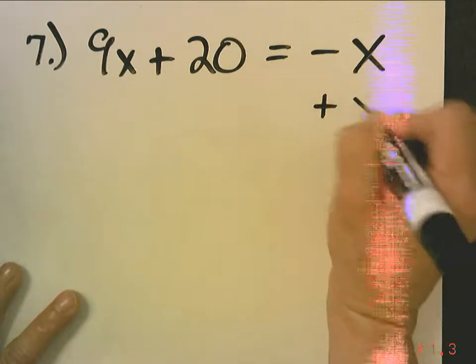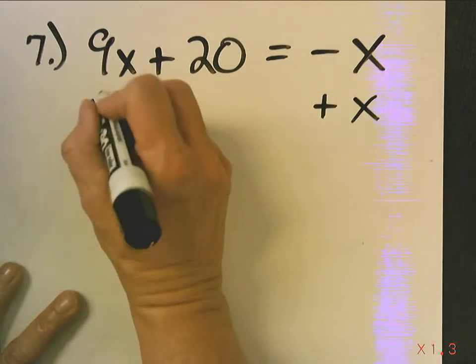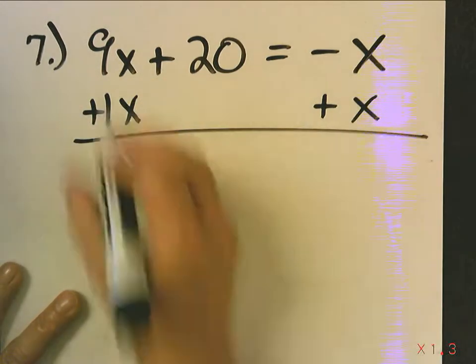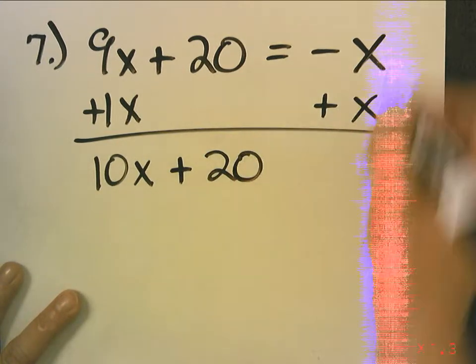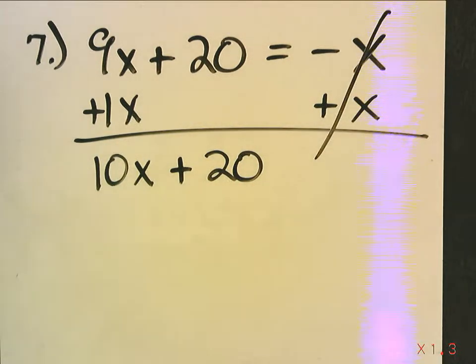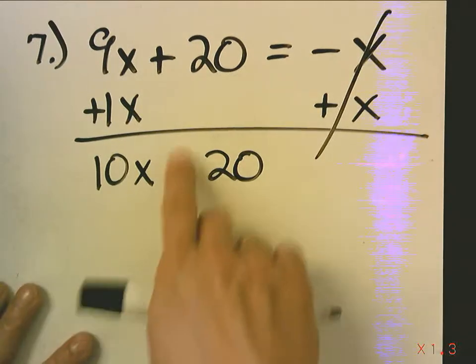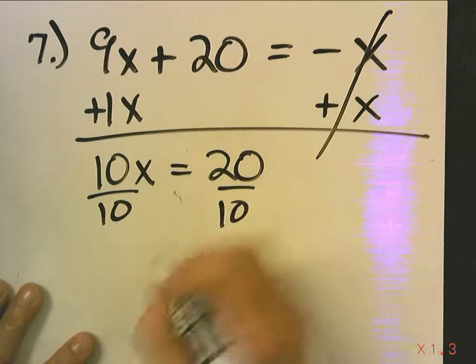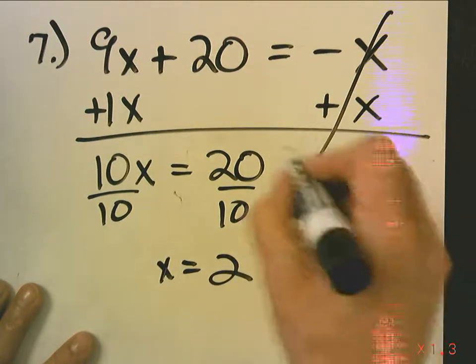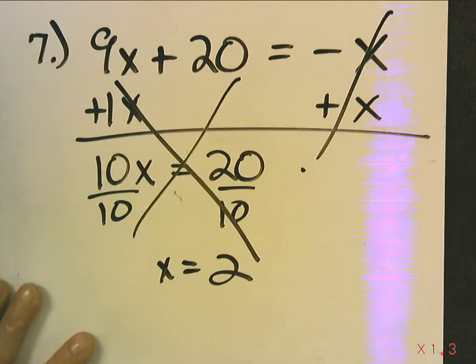I'm going to add x to both sides, which is correct. That's not a problem. But when I do it, I say 10x equals 20, and that cancels out. And then I look at this and go, oh, this must be equal. So I'm going to divide by 10, x equals 2. No, this is wrong.